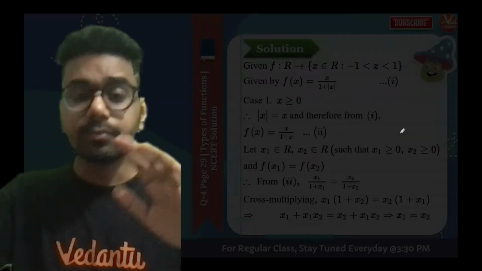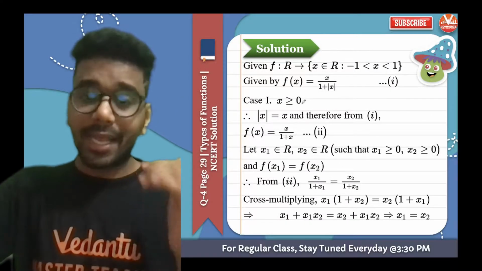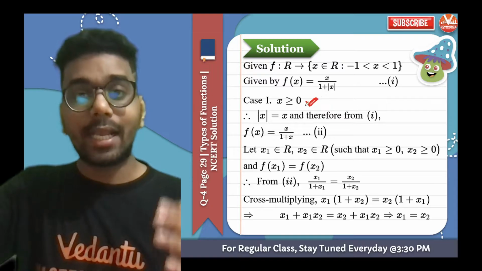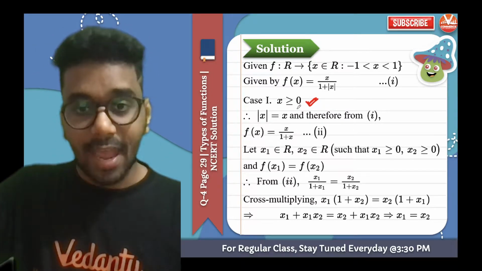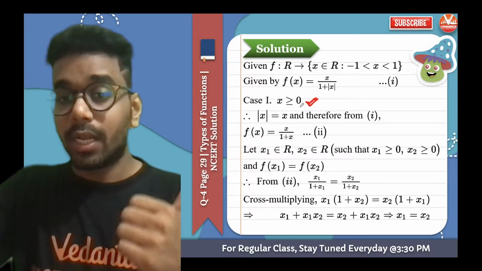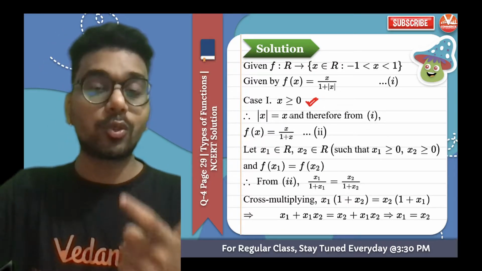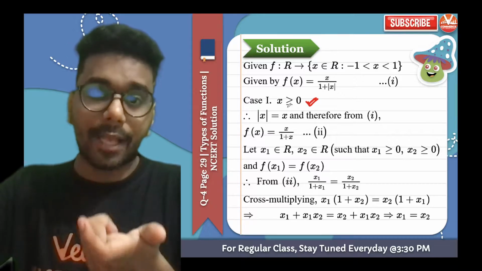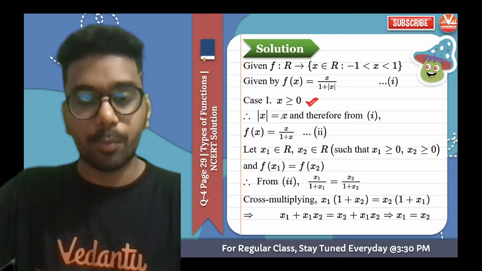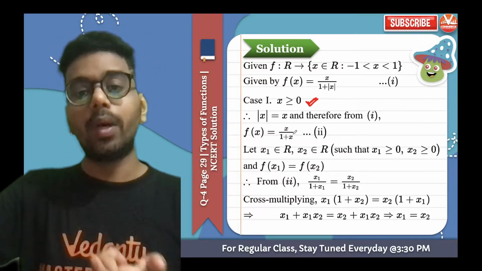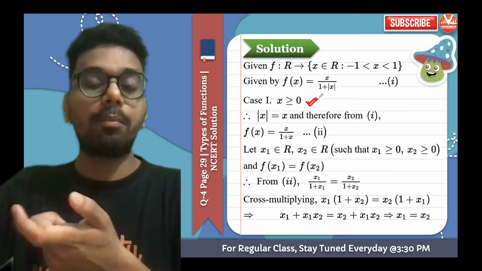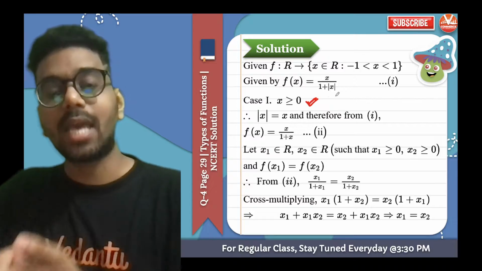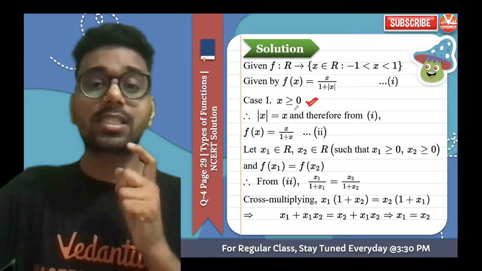Fine. Now case number 1: if you take x greater than or equal to 0, as I have just said, modulus of x will be equal to x. x is greater than 0, x is positive, and modulus always gives a positive answer. So over here you will write x upon 1 plus x in place of 1 plus modulus x for the first case.